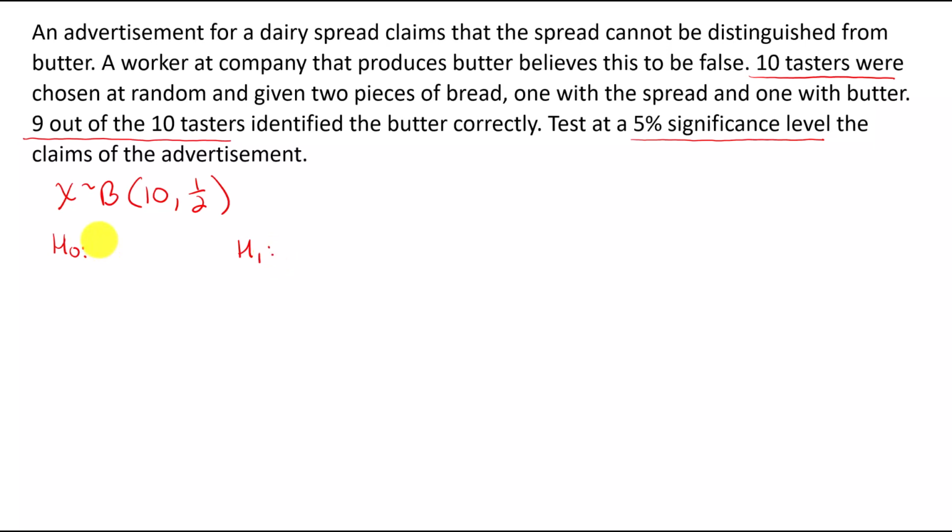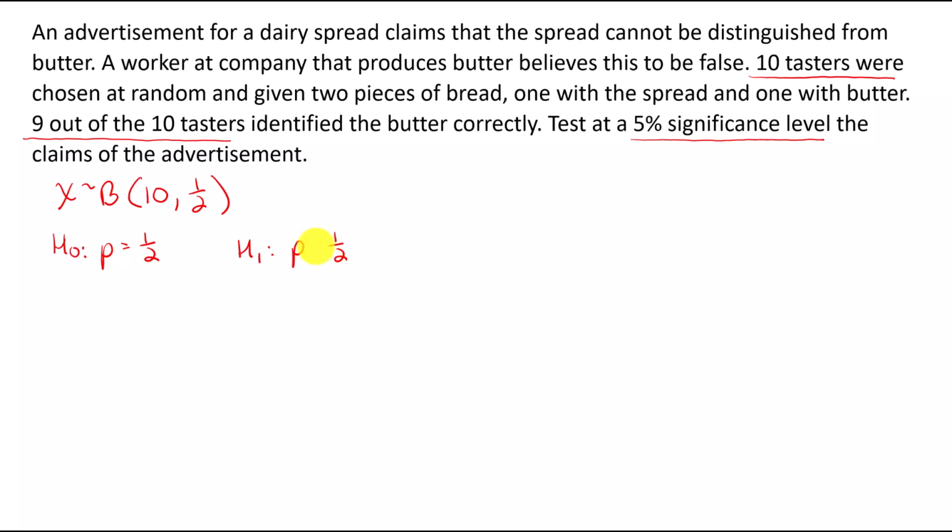Okay, so the null hypothesis is just that the probability is equal to 1/2. Now this one's a little bit tricky. We know we're going to have 1/2, but we have to determine, is it going to be greater than or less than? Now if some tasters can identify the butter, then we would expect this to be higher.